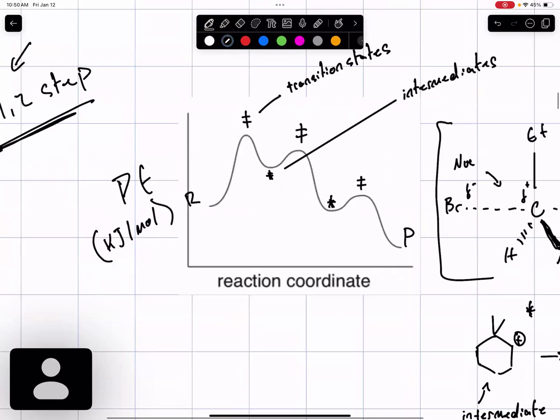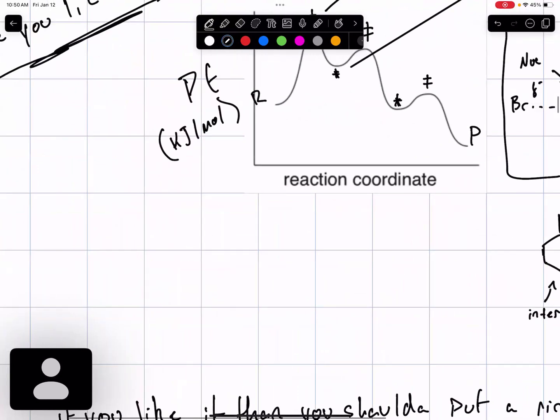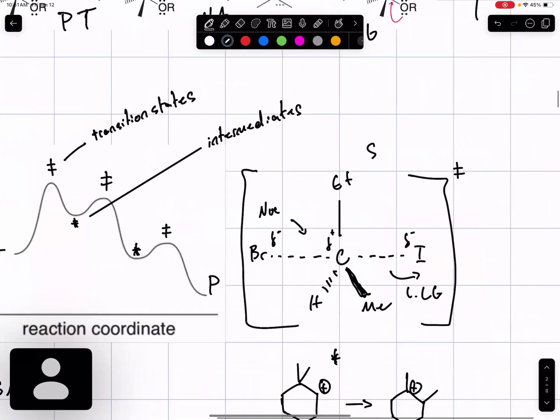No, because when we have a single SN2 reaction, the only difference between SN1 and SN2 is that one is concerted and this is stepwise, right? What concerted means is that it happens in a single transition state, like we did here. This would probably be an SN2 reaction.